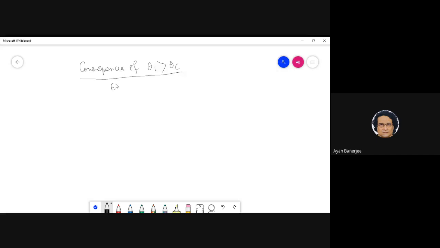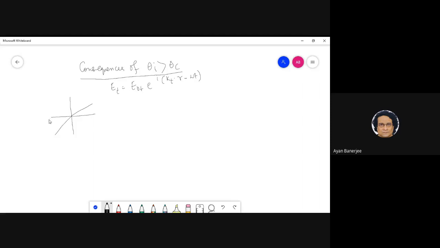Let us consider the electric field as some E0t e to the I kt dot r minus omega t. So basically I have my incident angle here, like that, and of course this is bending more.